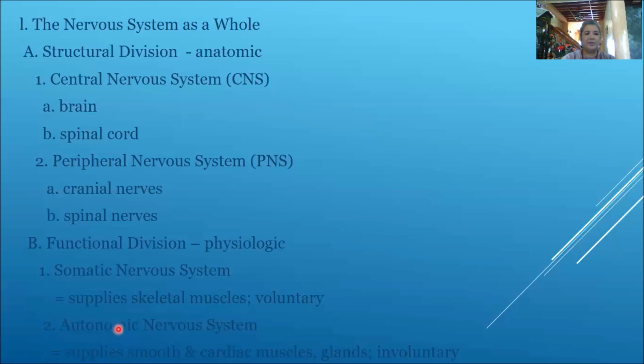While your autonomic nervous system, these are the parts of the nervous system which supply the smooth and cardiac muscles and the glands. And unlike your somatic nervous system, their function is involuntary.